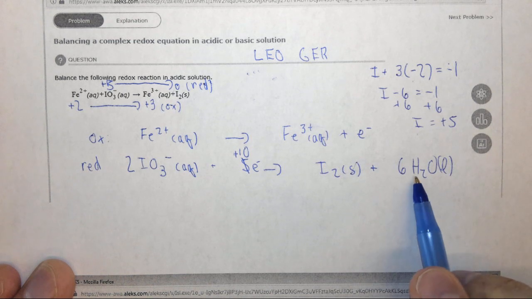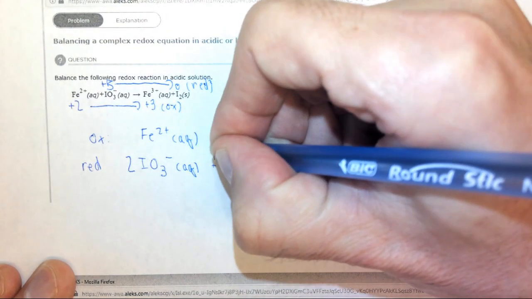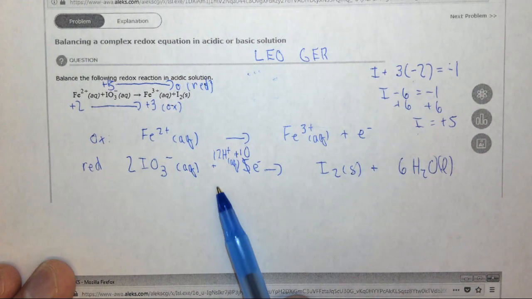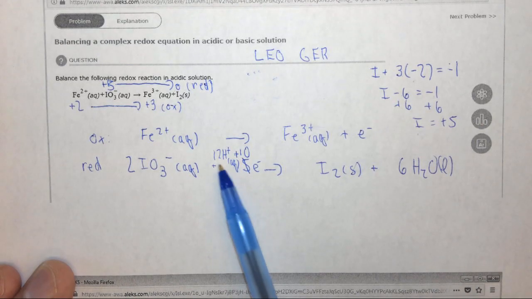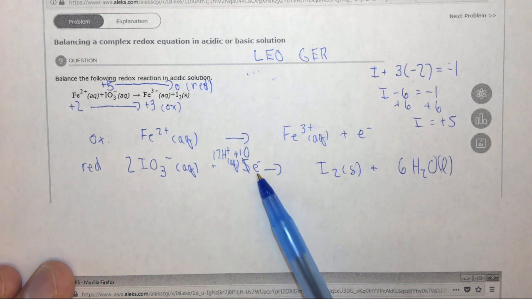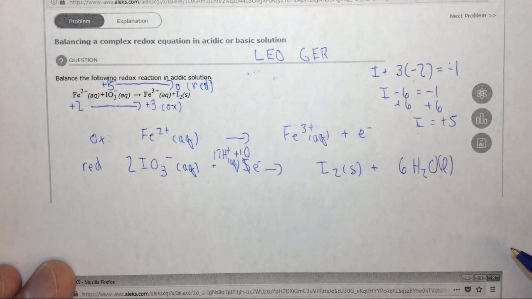And then finally, to balance out the hydrogens, because it's an aqueous acidic solution, and even if it's in basic, you do it acidic first, we need to add these hydrogens as H+. Well, there's 12 H's, so we need to add 12 H+, and that's aqueous. And I didn't leave myself space for that, but hopefully you can see that jammed in there. So basically we have 2 IO3- plus 12 H+ aqueous plus 10 electrons yields I2 solid plus 6 H2O liquid for this half reaction.